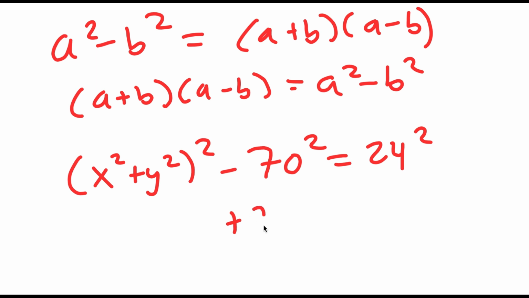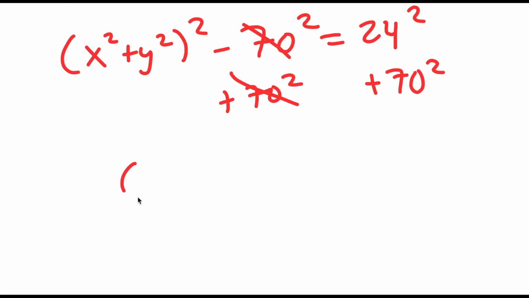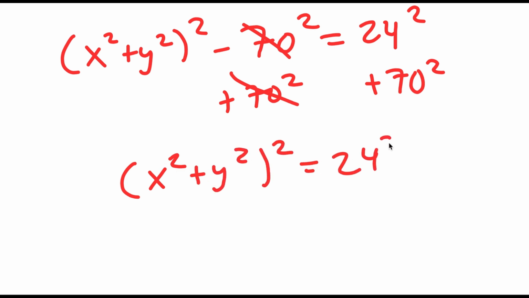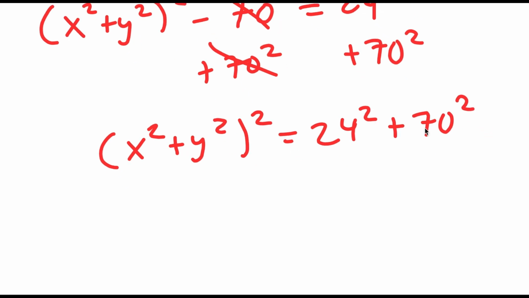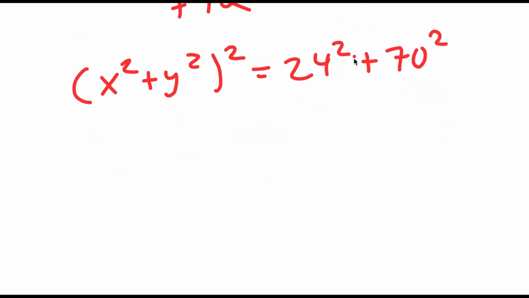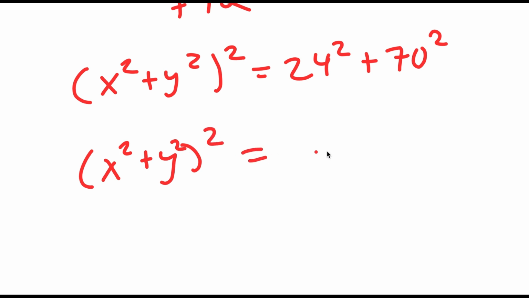Now, if I add 70 squared on both sides, I get x squared plus y squared, squared, is equal to 24 squared plus 70 squared. Now I'm going to find the exact value of 24 squared plus 70 squared. 24 squared is 576, and 70 squared is 4900.